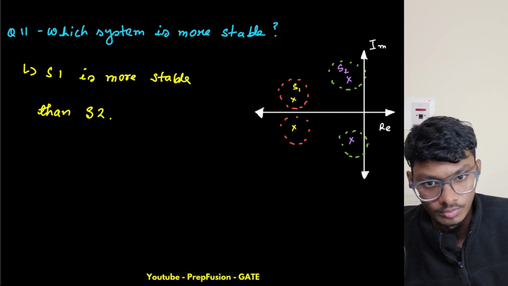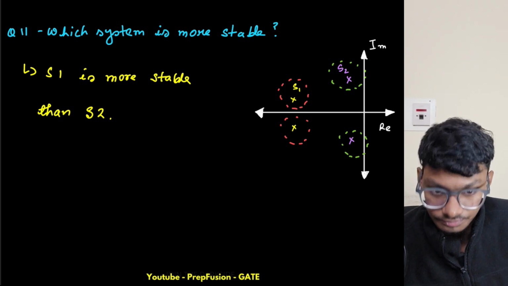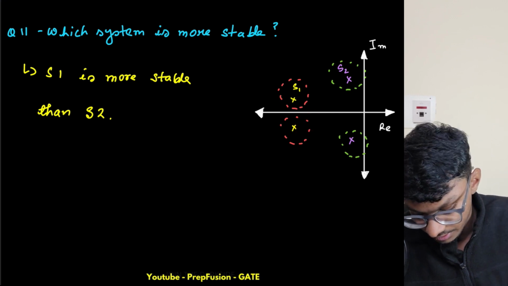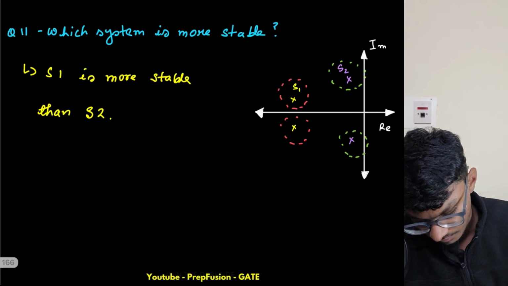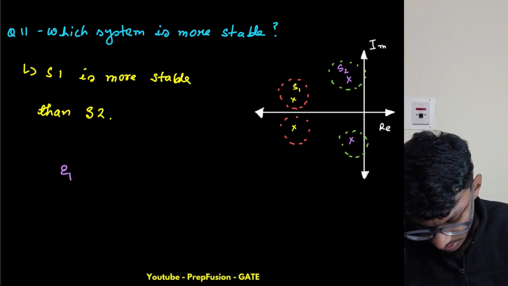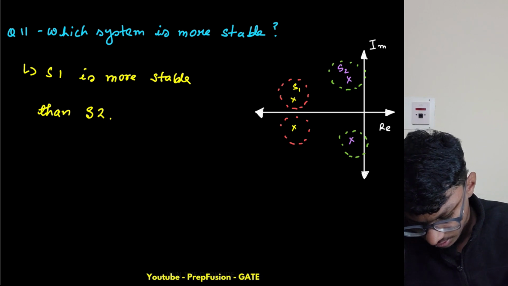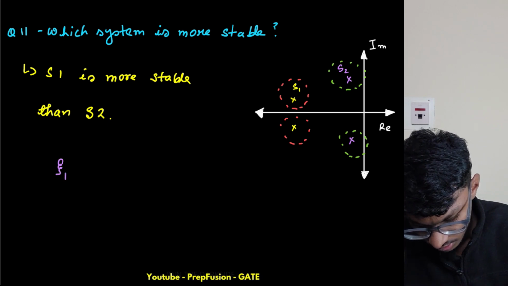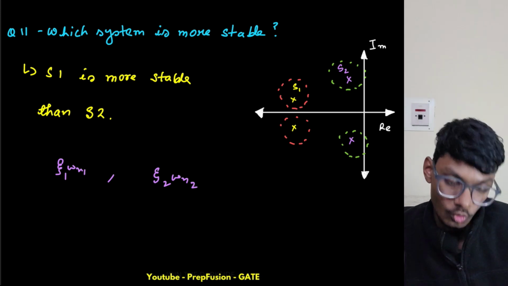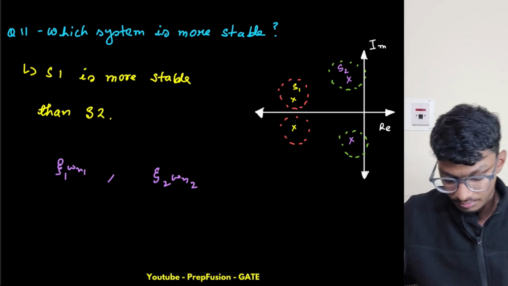Let me write here, let's name the real parts zeta 1 omega n1 and zeta 2 omega n2. So this is basically what my real parts are.